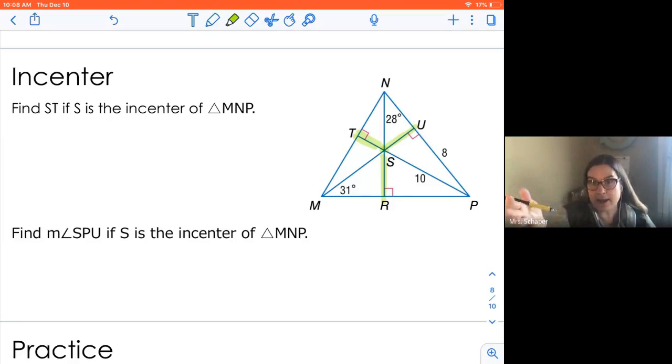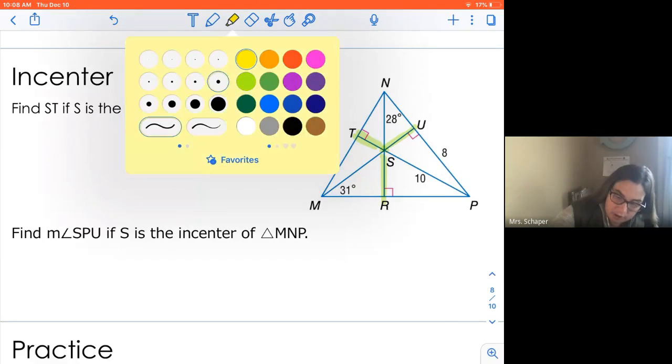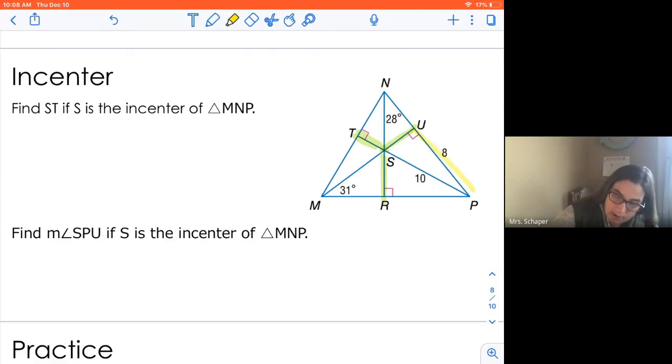It might not look like it, but they're all equidistant. All right, so when I look at this, I happen to see that I have a right angle hanging out over here. And I know when I have a right angle that I can use the Pythagorean theorem. Look at that, coming back from earlier this year. We're pulling it right back to solve for US.